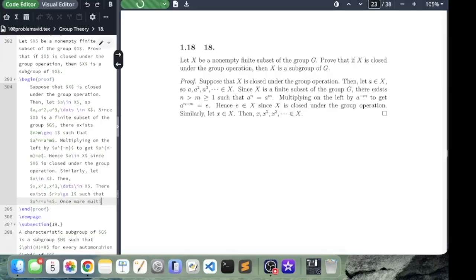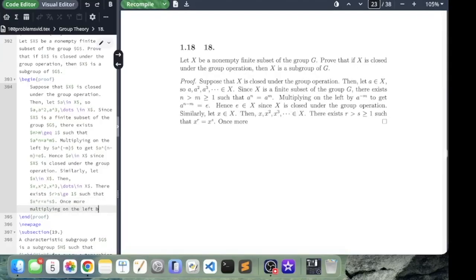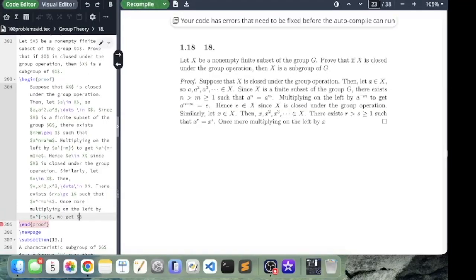Once more, multiplying on the left by x to the negative s, we get x to the r minus s equaling the identity.